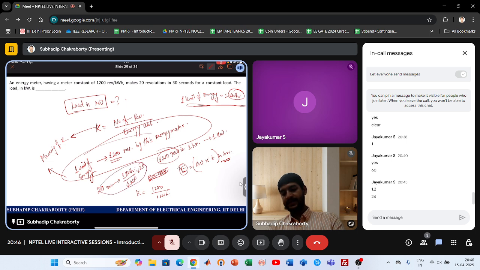This will be the recorded energy. This is the recorded energy, right? You plug it in here and you will get it. So the recorded energy is 1 kilowatt hour into 20 by 1200.